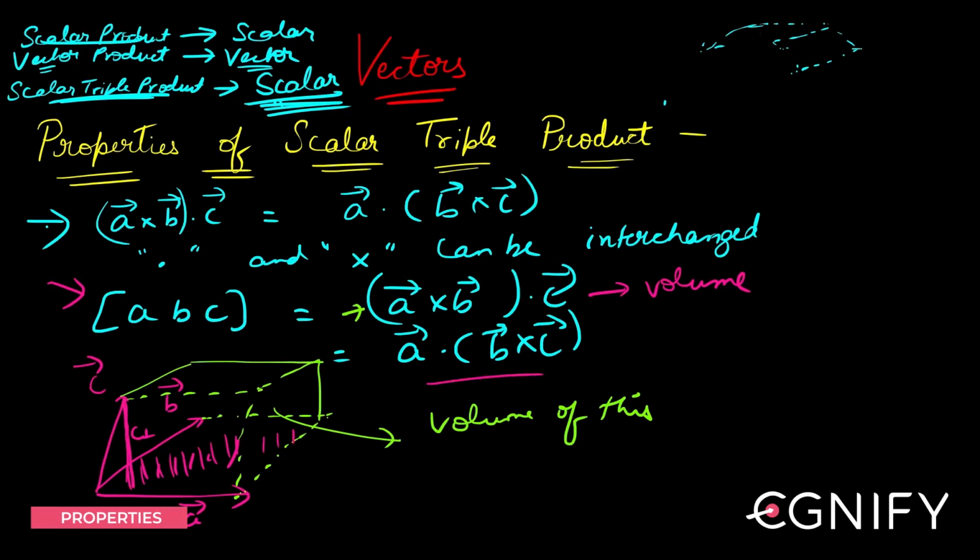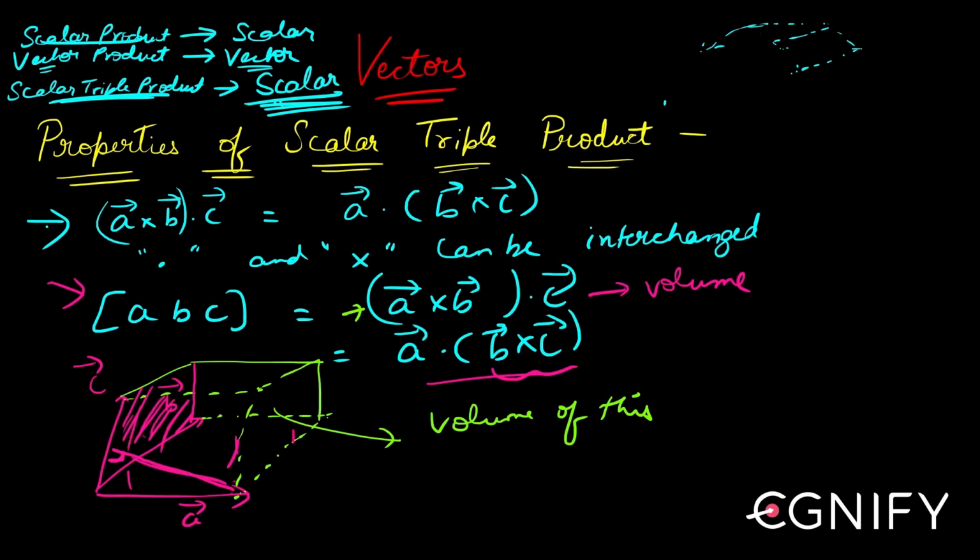Let's look at the second expression. For this second expression, I will use a different approach. For the second expression, you are first doing B cross C. That means you are taking B and C as your base, and then you're dotting that with A. That means the part of A that is actually the height, you're multiplying that area with this height.